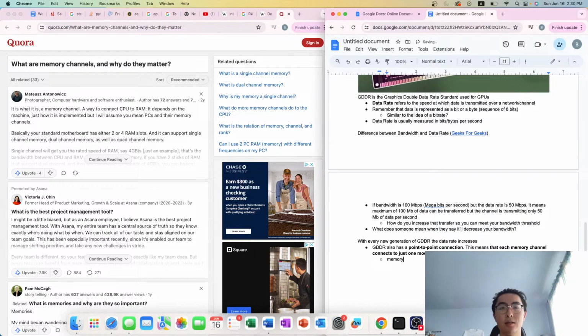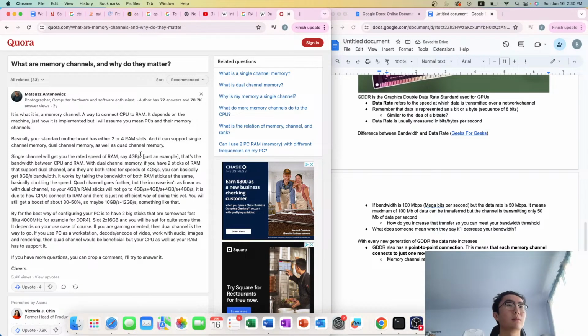So memory channel refers to the connection between the CPU/GPU to RAM. Okay, so the capacity here is 8 gigabytes per second bandwidth.